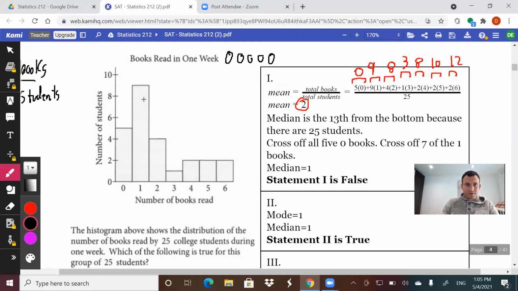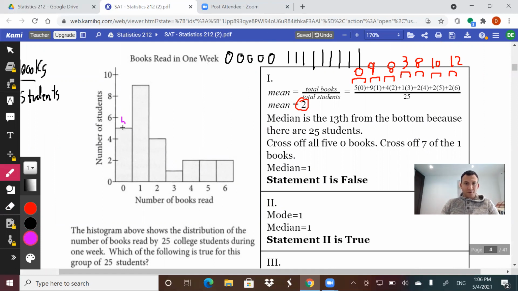We would have 9 ones, 1, 2, 3, 4, 5, 6, 7, 8, 9. And we'd continue listing out, but because we'd have 25 numbers, we'd want to go 12 from the bottom, right? So in order to get right smack dab in the middle, the median on an odd number of numbers.